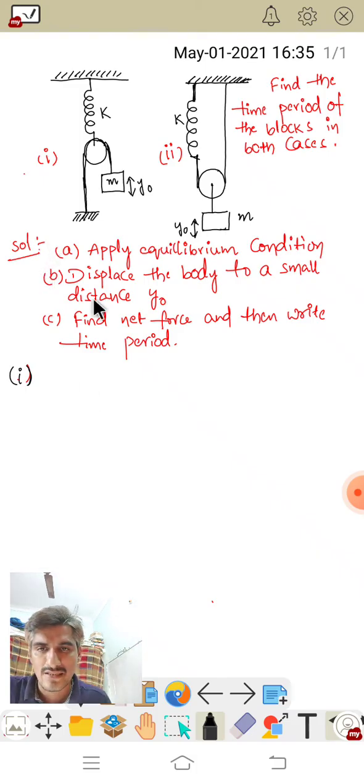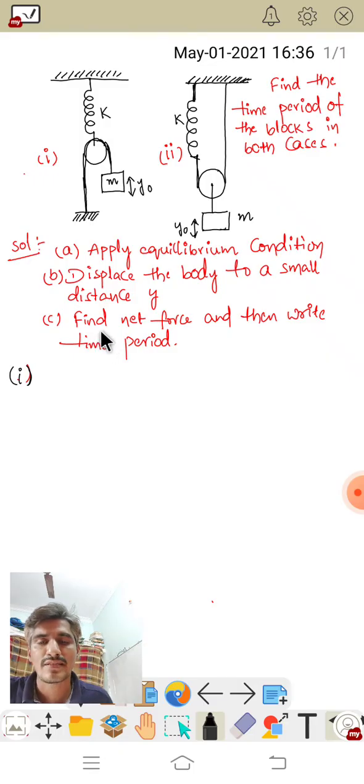So let us first write the equilibrium condition, and we have to write the forces. The next step, after coming to equilibrium position, we need to displace it to a further distance y. It's not y naught, it is y.